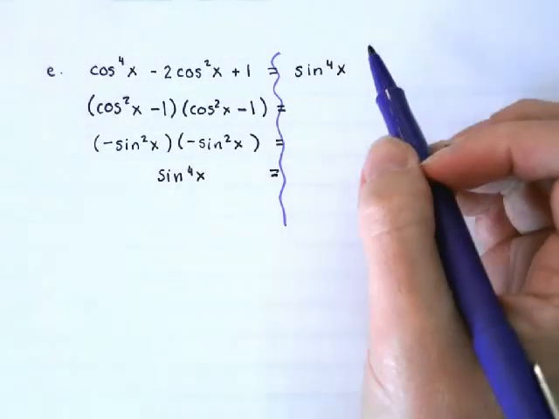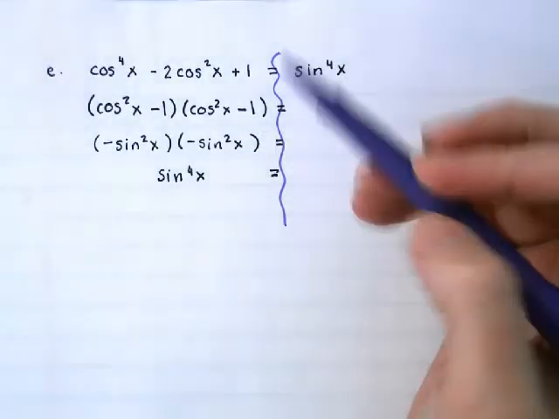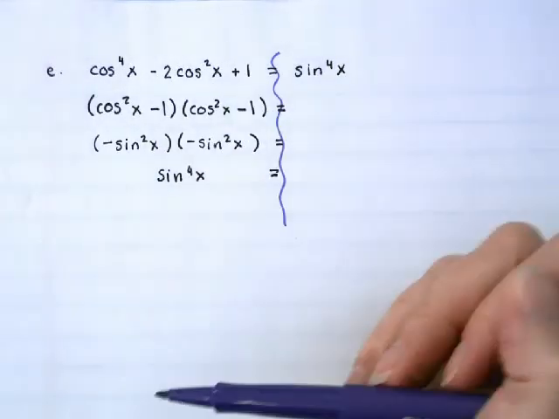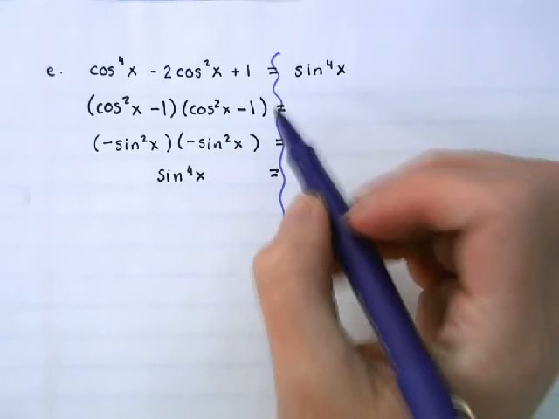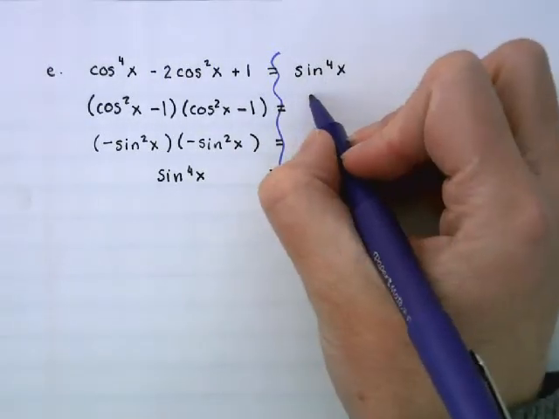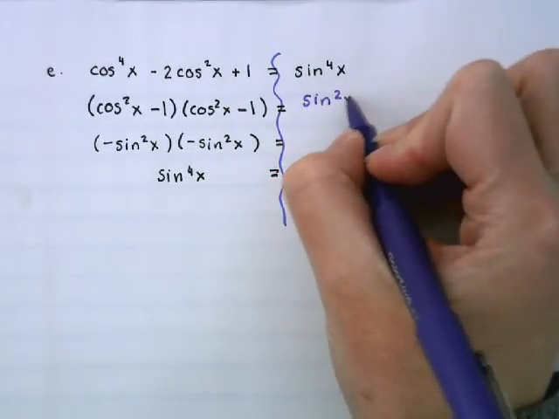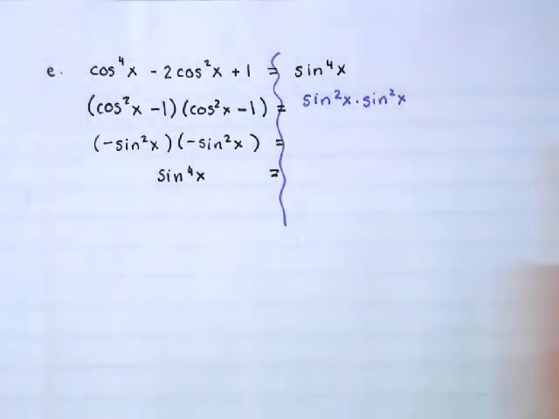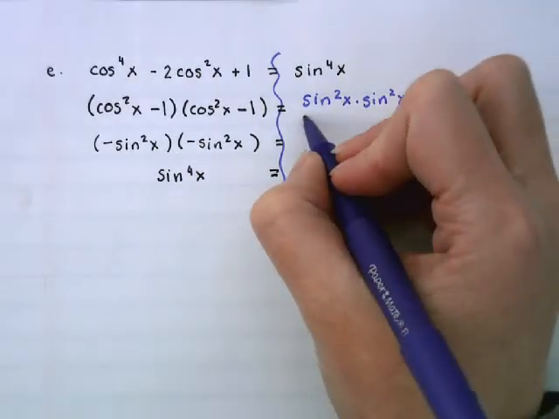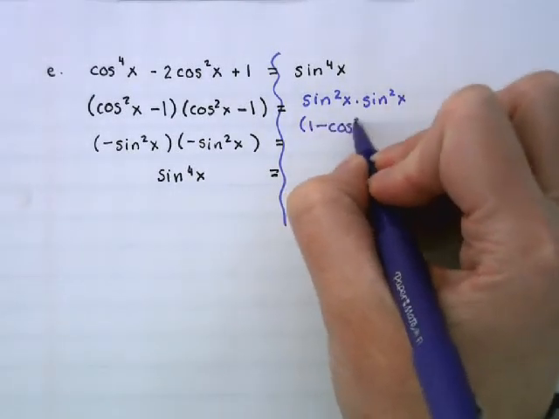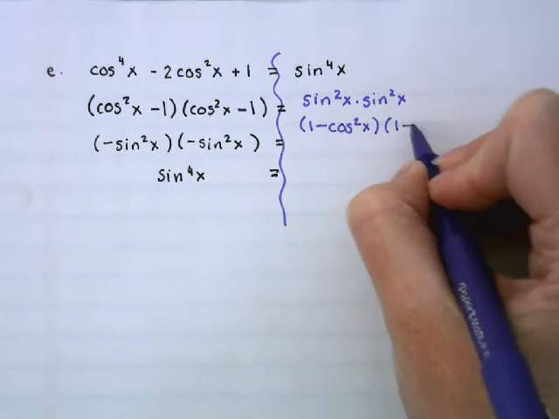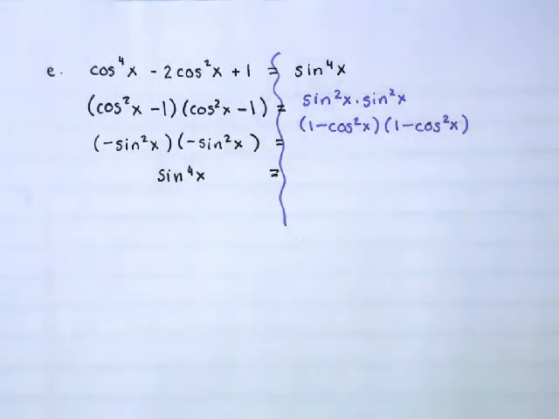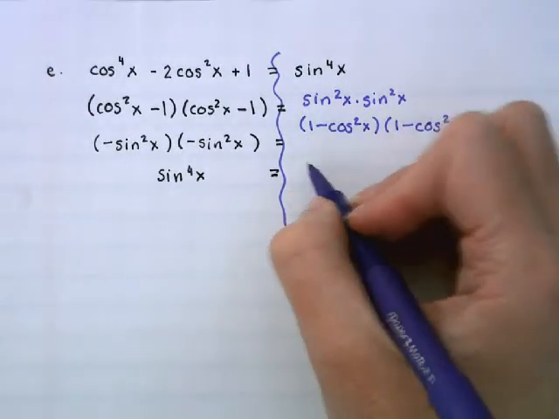I'm going to work this side. And this side I'm going to approach with the idea of I'm trying to get this, which involves entirely cosines. So I can rewrite this sine to the fourth as sine squared times sine squared. And once I have a sine squared, I can turn that into 1 minus cosine squared. And then I can simply just FOIL, and foiling is easier to do than factoring.